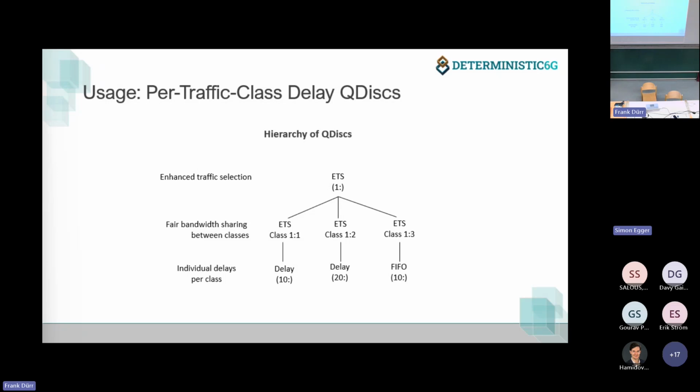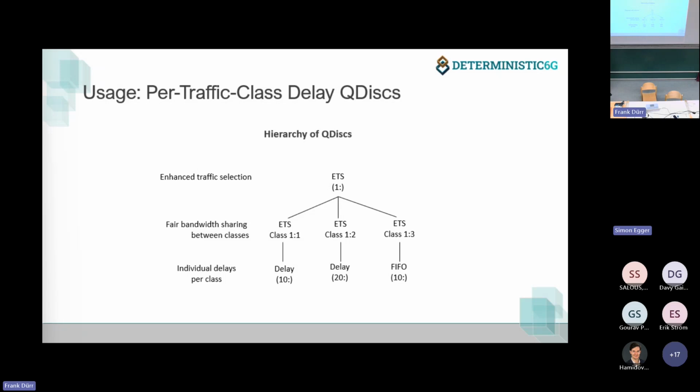And for this, you can have different traffic classes and apply different delays for different traffic classes. So I can classify my traffic into class 1, 2, 3, and I can give one delay to class 1, one delay to class 2, one delay to class 3. And this is, you could say, priority 1, priority 2, priority 3 traffic, and they have different delays. You can also have that in a 5G system, for instance, different quality of service classes.